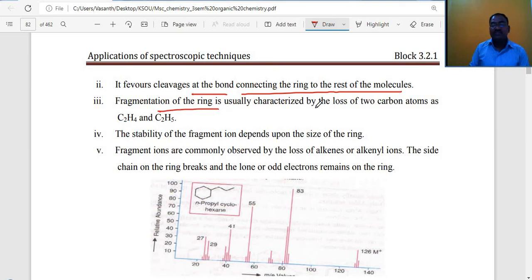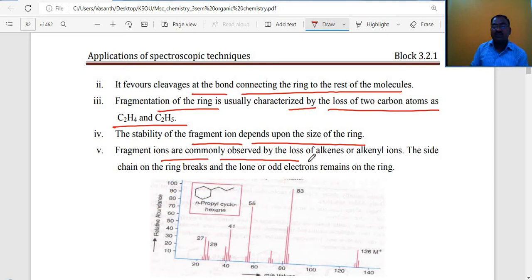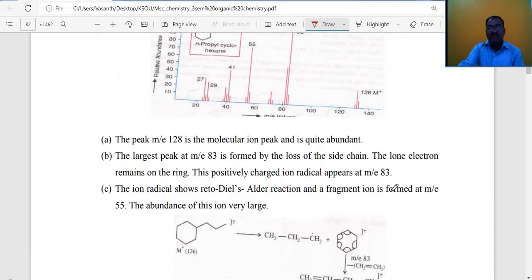Fragmentation of the ring is usually characterized by the loss of 2 carbon atoms as C2H4 and C2H5. The stability of the fragment ion depends upon the size of the ring. The fragment ions are commonly observed by the loss of alkenes or alkenyl ions. The side chain on the ring breaks and the odd electron remains on the ring.